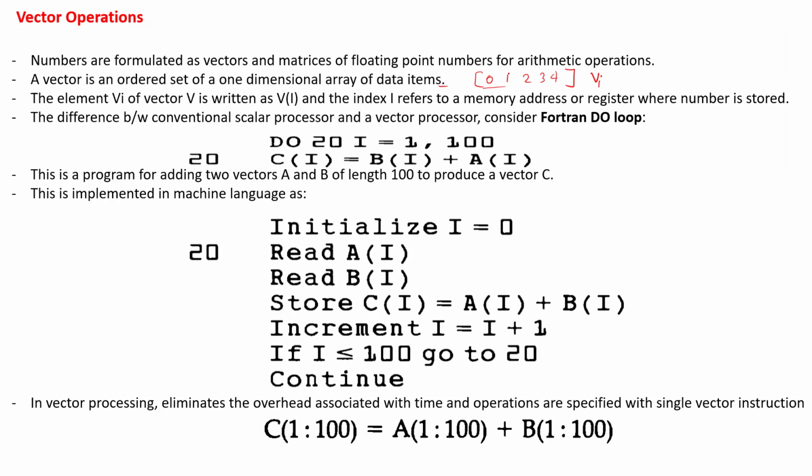Generally counting starts from I equal to 0, then first position, second position I equal to 1, and like this we obtain the elements; that is called indexing.